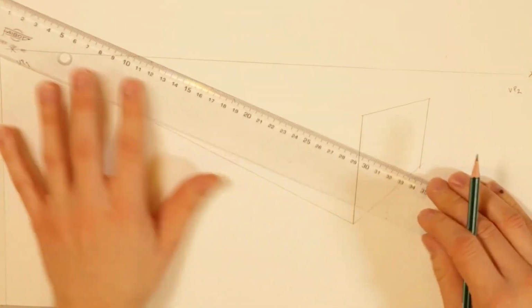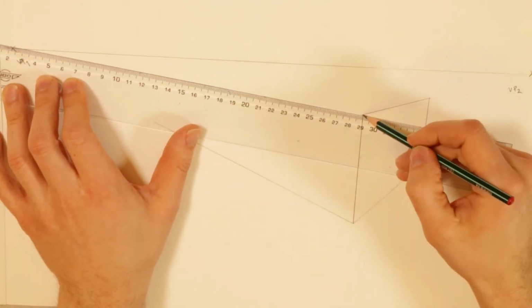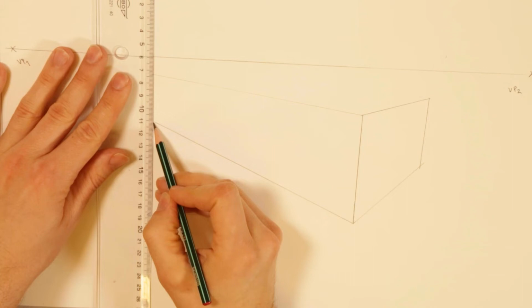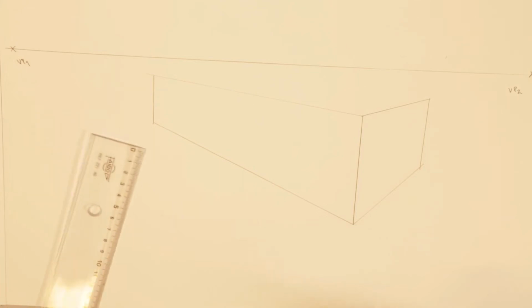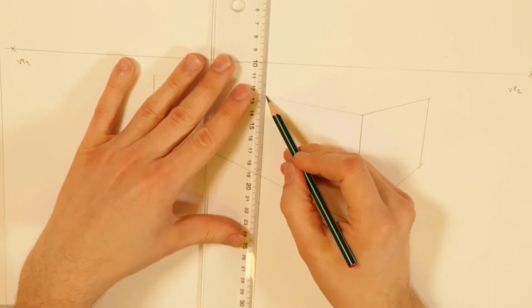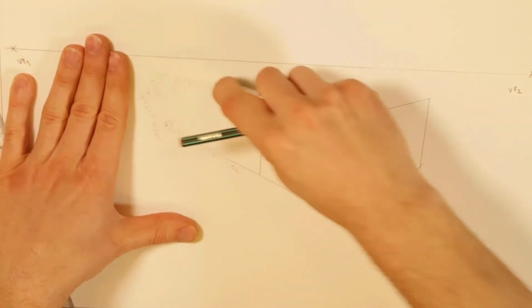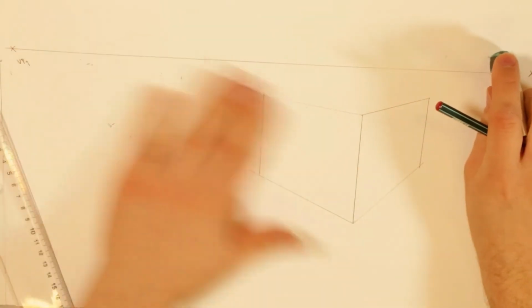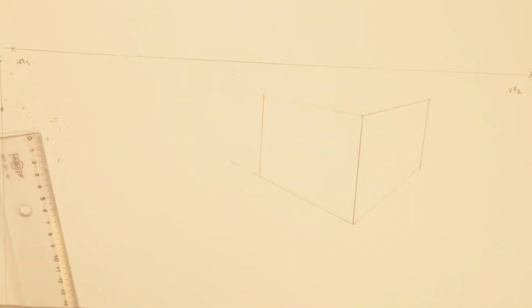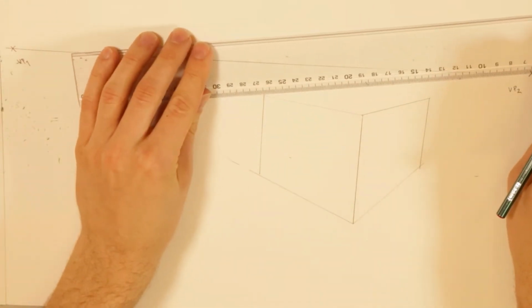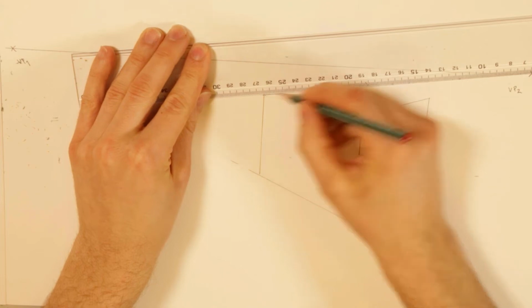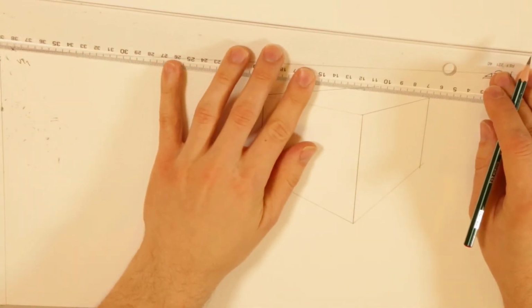These go to VP2. These go to VP1. I'll make it a little bit narrower. On the top, VP2, VP1. Okay, I have a box.